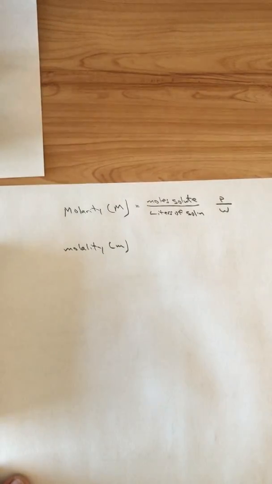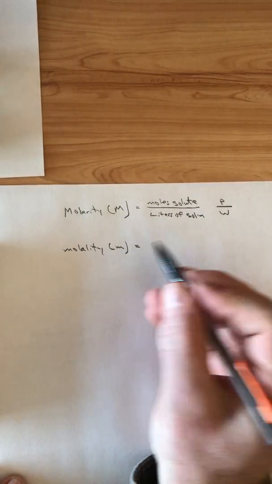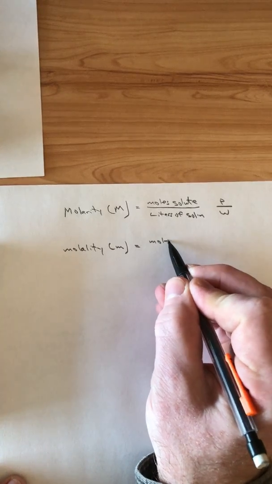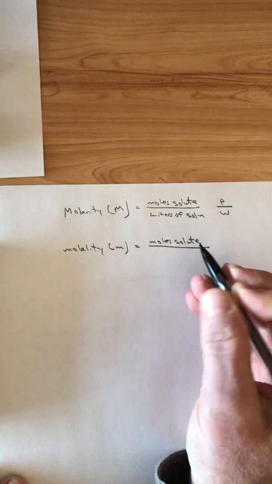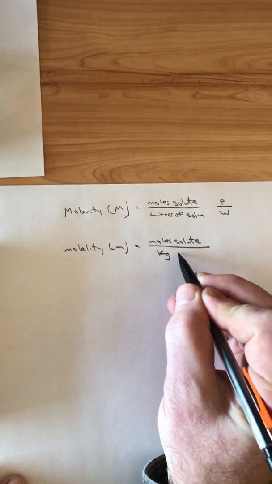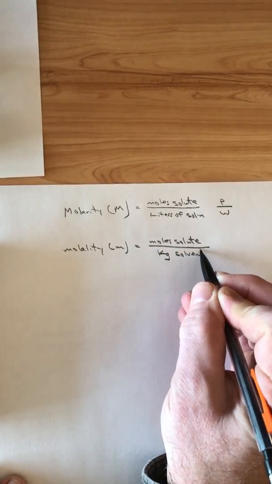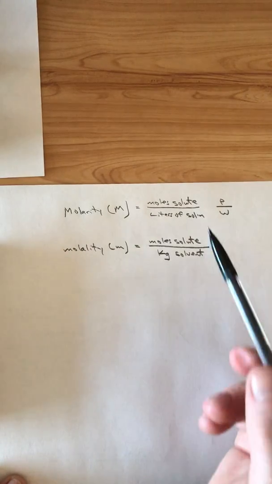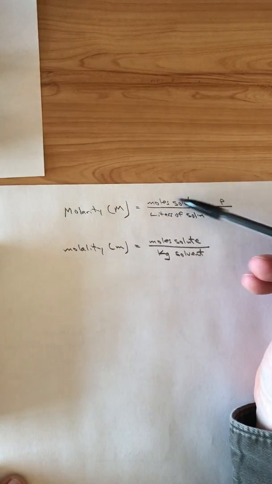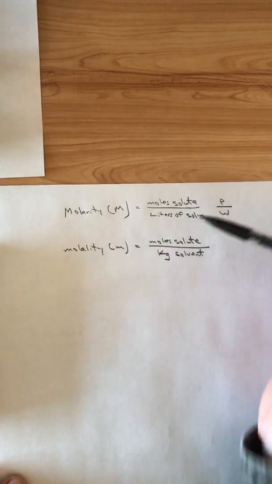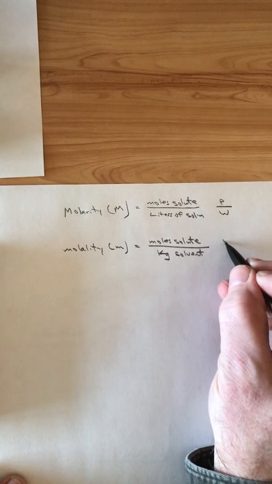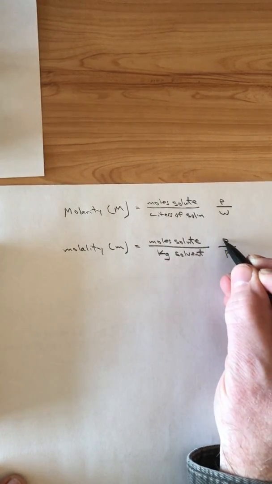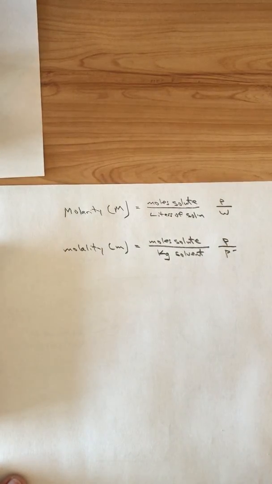Once again, that's a hidden compound unit. The numerator's the same, moles of solute. But in this case, you're going to go over kilograms of solvent. So molarity is moles of solute over a volume of solution, and molality is moles of solute over a mass of solvent. It's a part to other part representation. Similar, but not the same.